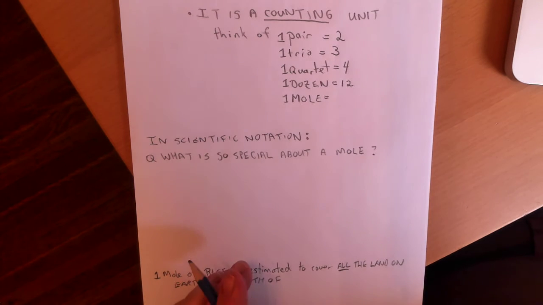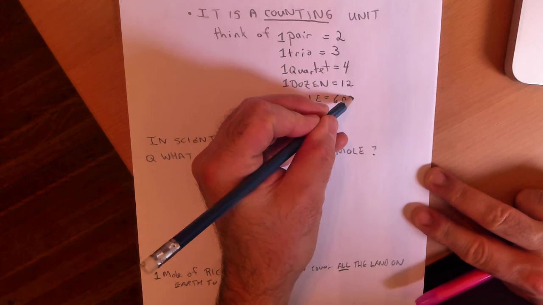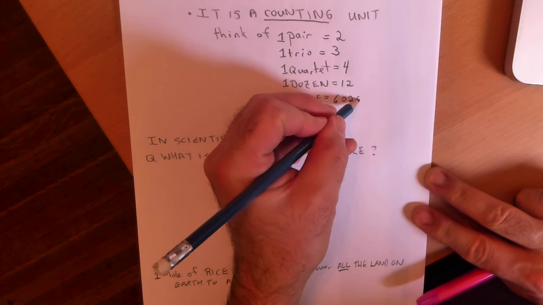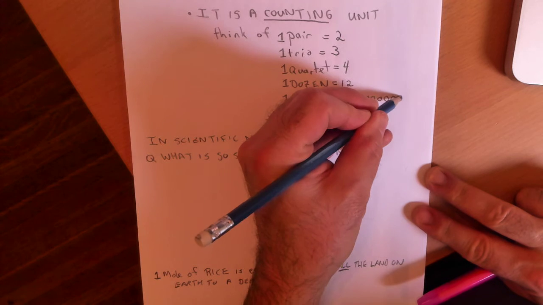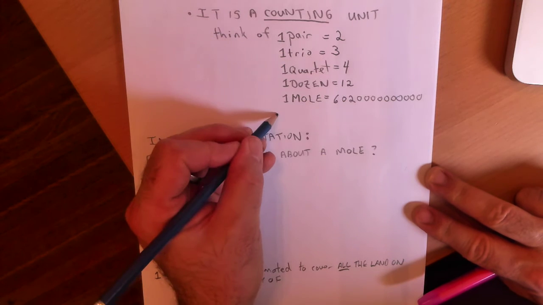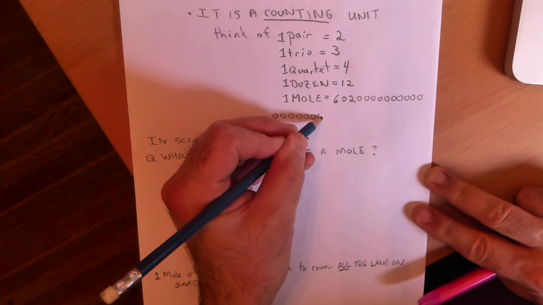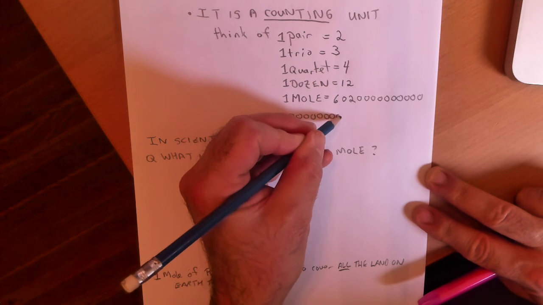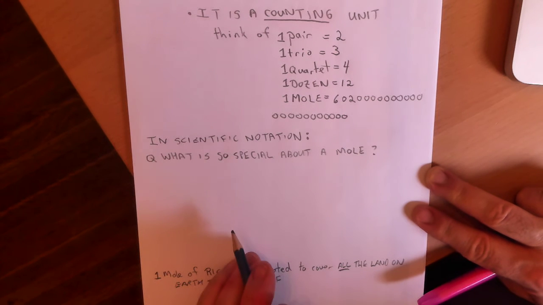So you may not be aware that there's another one called a mole. It's just like the other ones. It's a number of things. This is how many. That many.